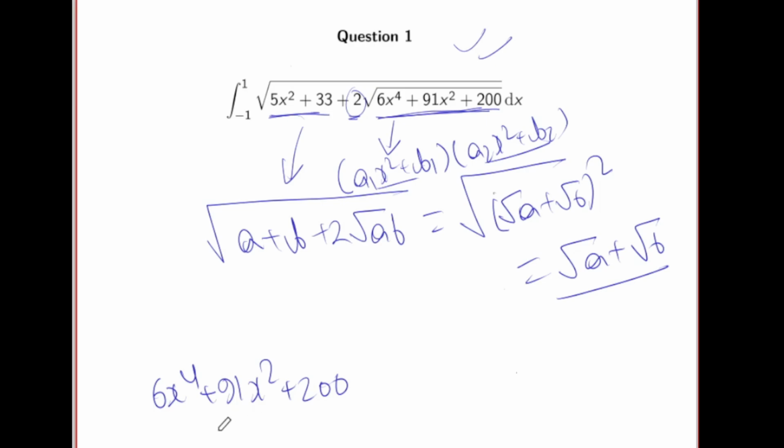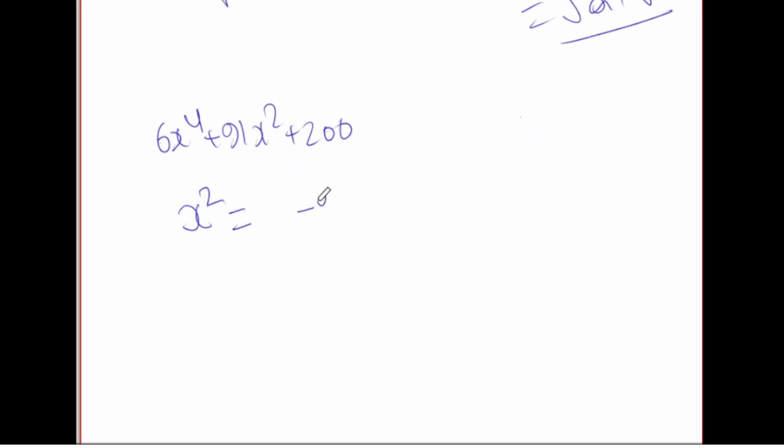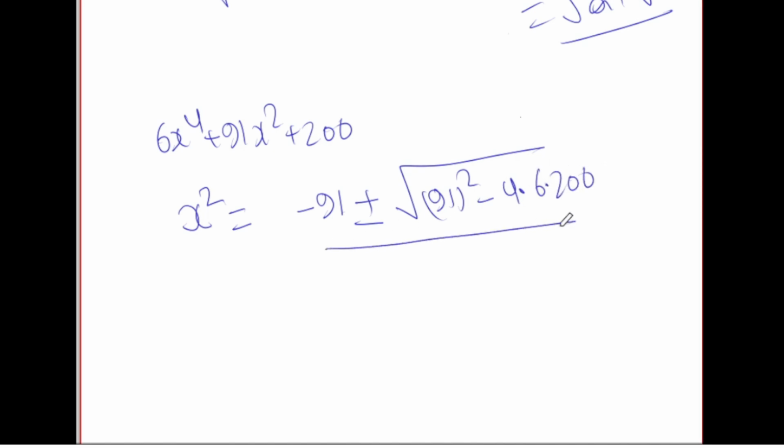So I have to factorize this. This is a quadratic in x square, so if I use the quadratic formula to find its roots, I get x square equal to minus b, that is minus 91, plus minus root under 91 square minus 4 into 6 into 200, over 2a. So 2a is 2 times 6, right? And if you simplify this, I have used a calculator, this whole square root comes out to be 59, right?